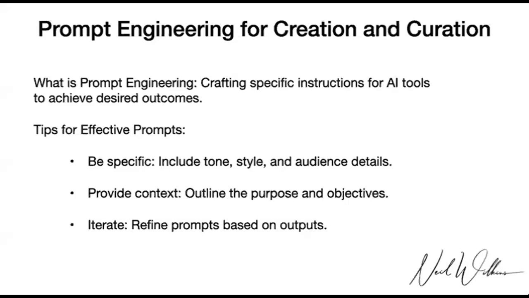Now, what do we mean by prompt engineering? Well, it's about engineering the right kinds of prompts to brief and to control and to build a relationship with your artificial intelligence for the purposes of creating content or maybe curating content.